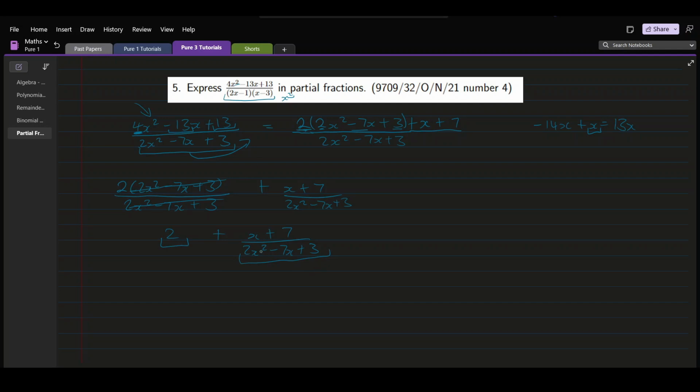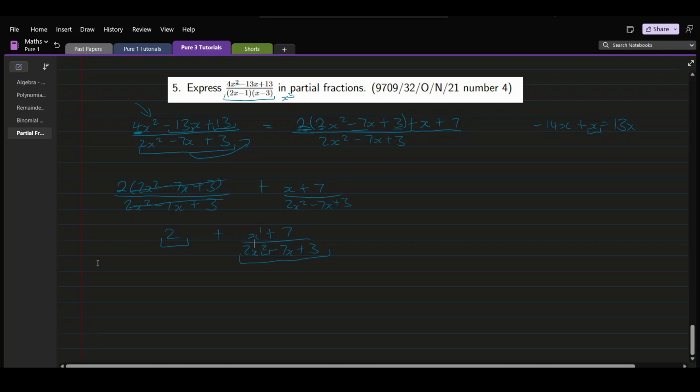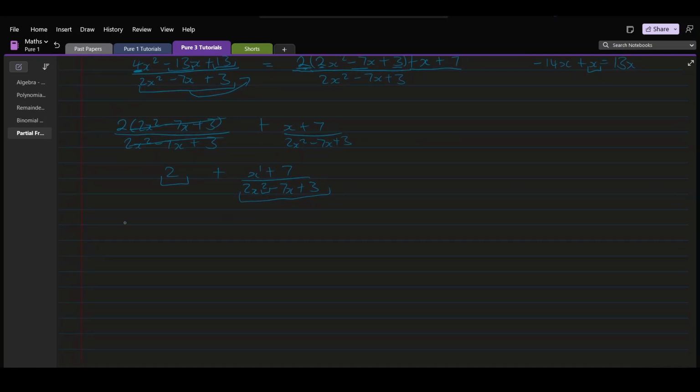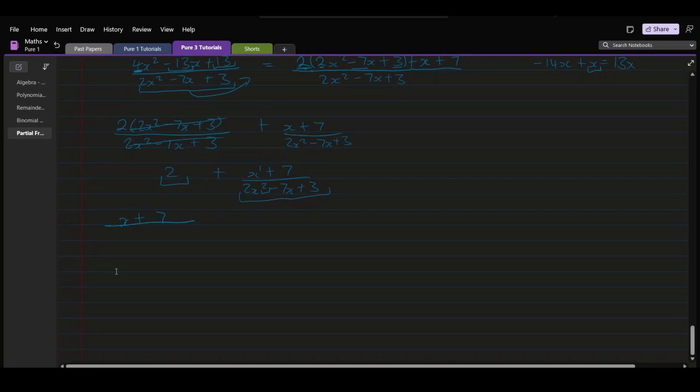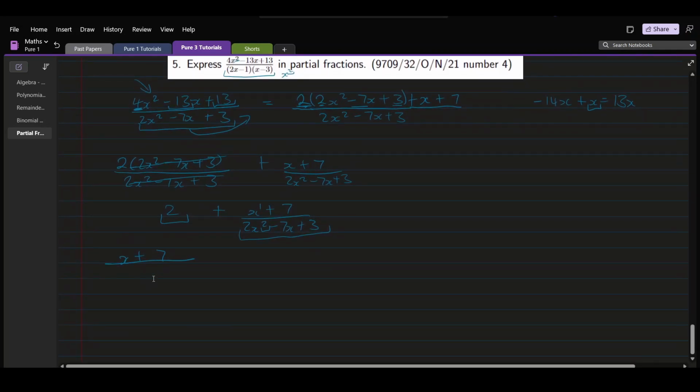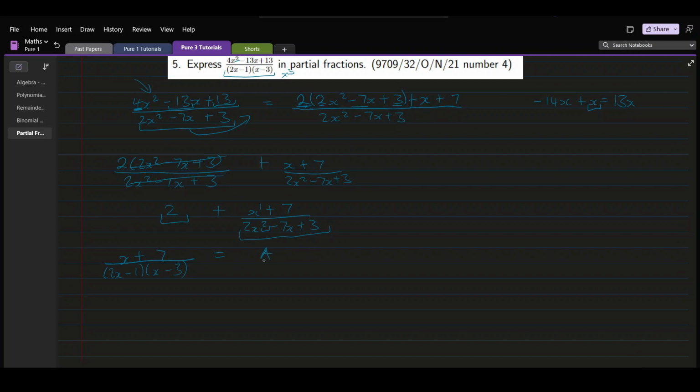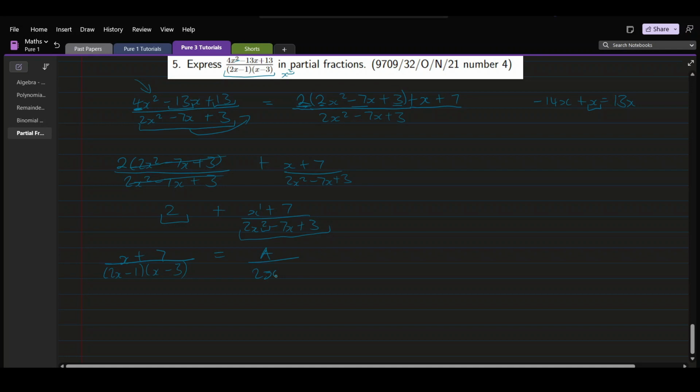It's proper because the highest power in the denominator, which is 2, is bigger than the highest power in the numerator, which is 1. And so how are we going to decompose that part? That becomes x plus 7 over the factors that we initially had before we expanded, 2x minus 1 times x minus 3, and this is equal to a over 2x minus 1 plus b over x minus 3.